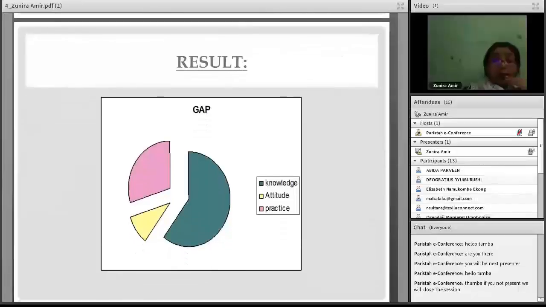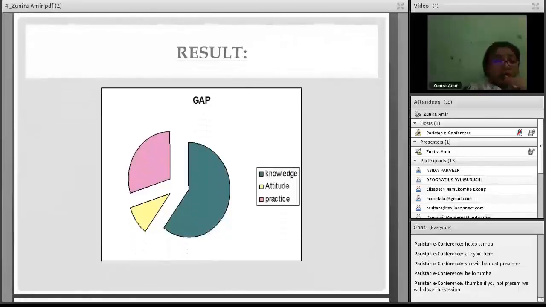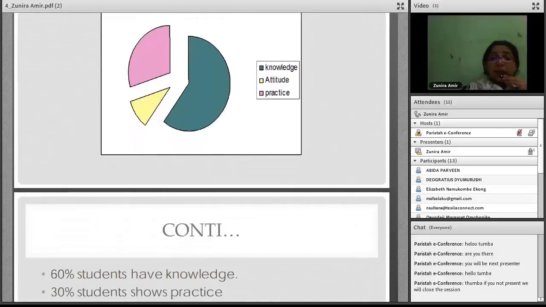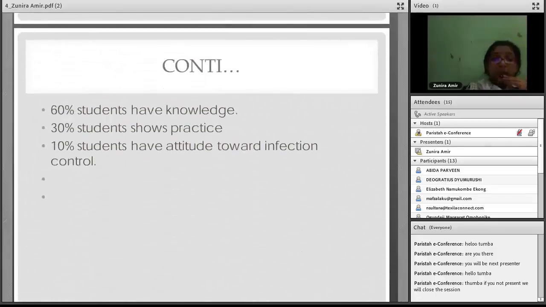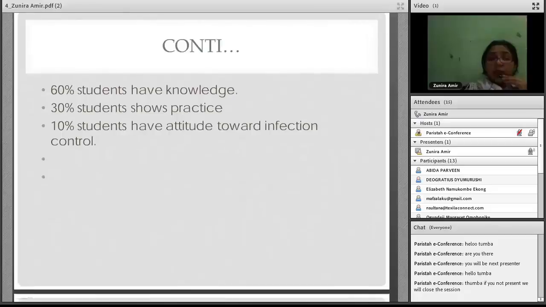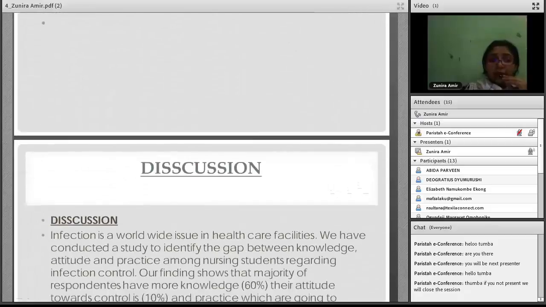The results chart shows knowledge, the yellow color shows attitude, and the pink is practice. There is a gap: 60% of students have knowledge, 30% have shown the practices, and a third have a positive attitude regarding infection.